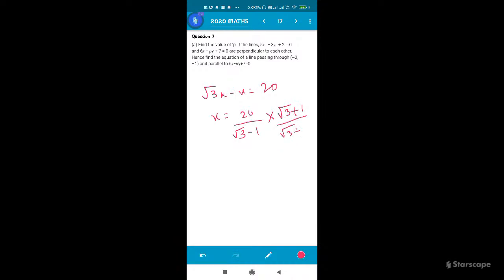So we multiply by root 3 plus 1, and we get 20 into root 3 plus 1, where root 3 has a value of 1.732. So 1.732 plus 1 will give you 2.732. And in the denominator, we have a minus b into a plus b, that means a square minus b square. So we are left with 2. So we are getting 10 into 2.732. So we have 27.32 meter.